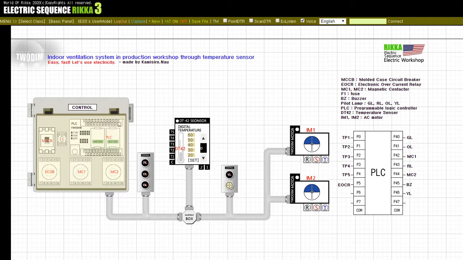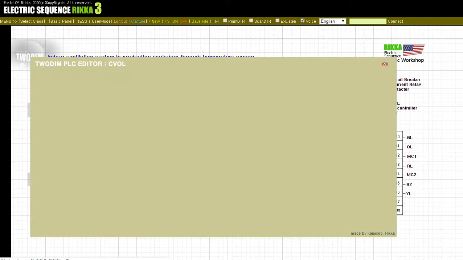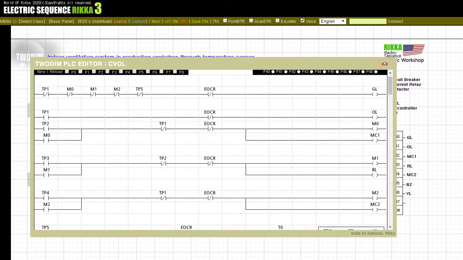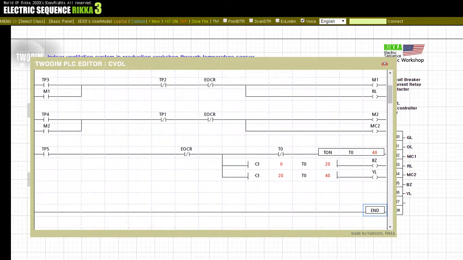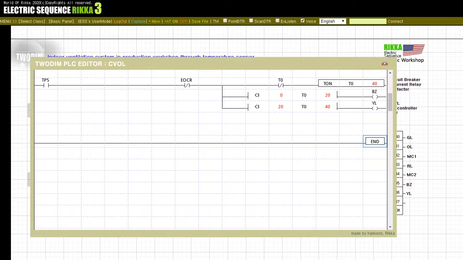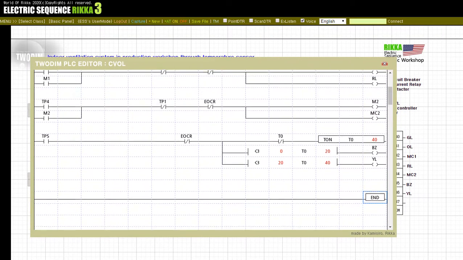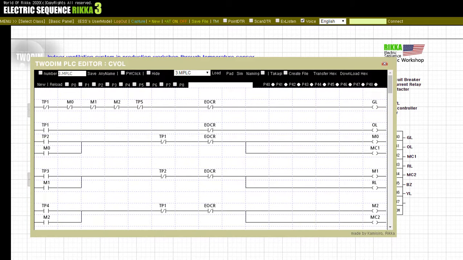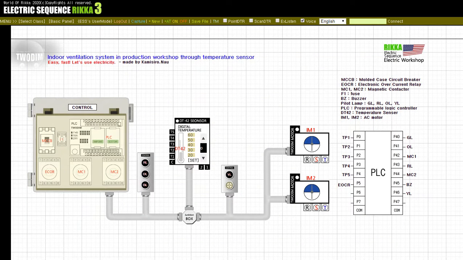Before checking the simulation operation, let's take a look at the PLC program configuration. The PLC program configuration may differ depending on the user. Please refer to the written PLC program configuration. Input on.